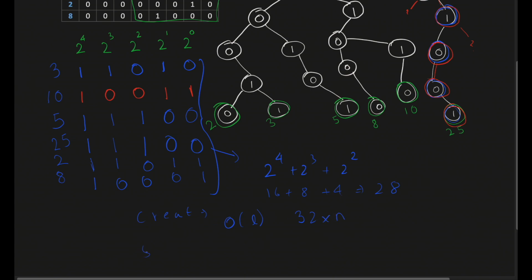And for searching for the maximum, again it would be the length of each integer, that is 32, and we are also doing that n times. So the total complexity would be 32 into n plus 32 into n. So more or less it is 64n, which is less than O of n square. So this would pass all the test cases. We will see how to implement this in C++.